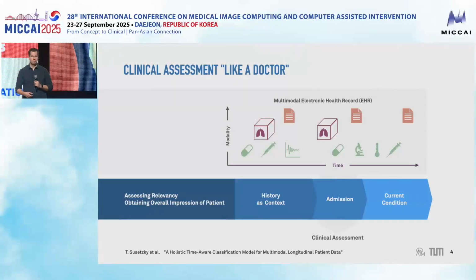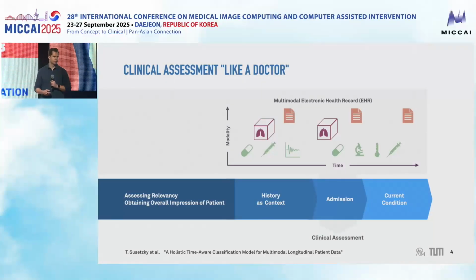Therefore, our model should not only include the current data, the current patient condition from the actual current stay, but also incorporate the history as a context. The intuition is that the model then should intrinsically learn to assess relevancy to the different items itself, while obtaining an overall impression of the patient for clinical assessment.